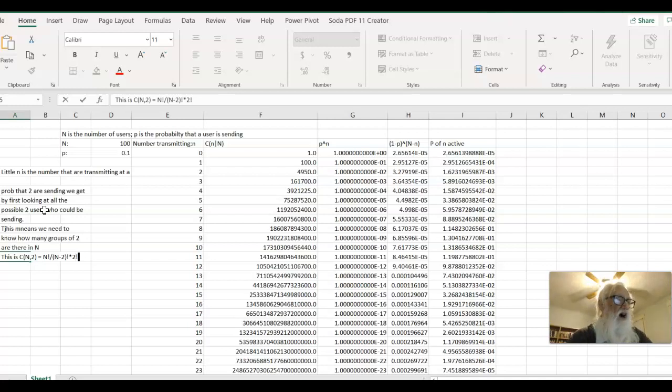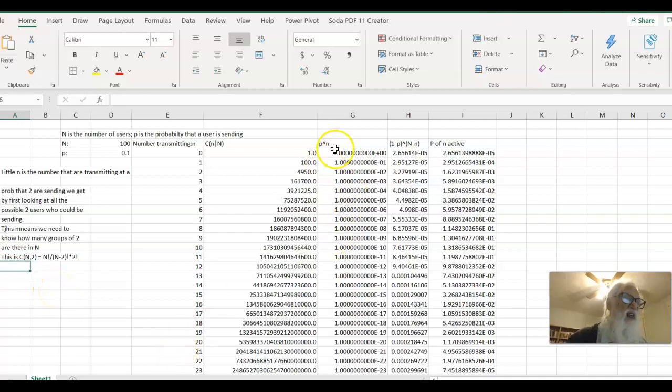Now that looks like a horrendous number. Well, it is, but you can manage it by a lot of crossing out of things. That's basically what I've been doing over here. I computed these numbers. This is the probability to the n that n of them are actually sending.